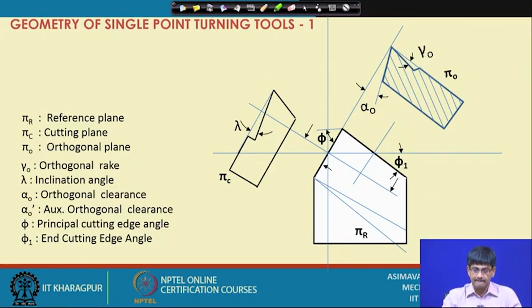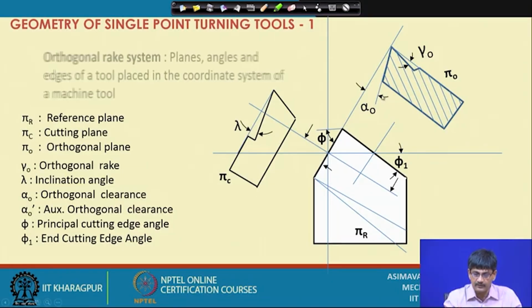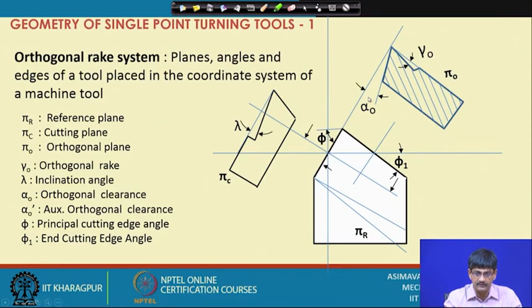In the same way, the same section will be producing a relation between the clearance angle, the principal flank and the cutting plane, measured in the orthogonal plane once again. So, that is why this pi o has appeared here, and the two angles of cut are shown on the two sides.